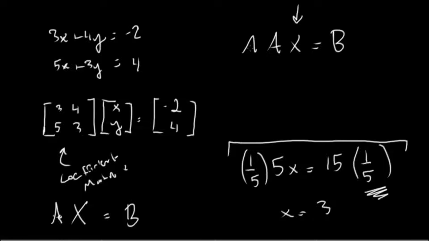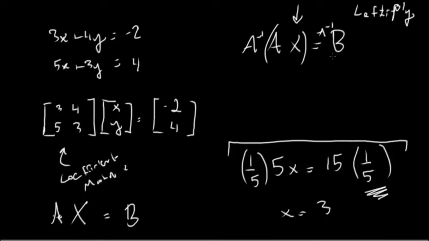So if I multiply on the left-hand side over here, I have to multiply on the left-hand side over here. Let's call it left apply. You can right apply also, but whatever you do on the left-hand side, you also need to do on the left-hand side on the other side of the equation.